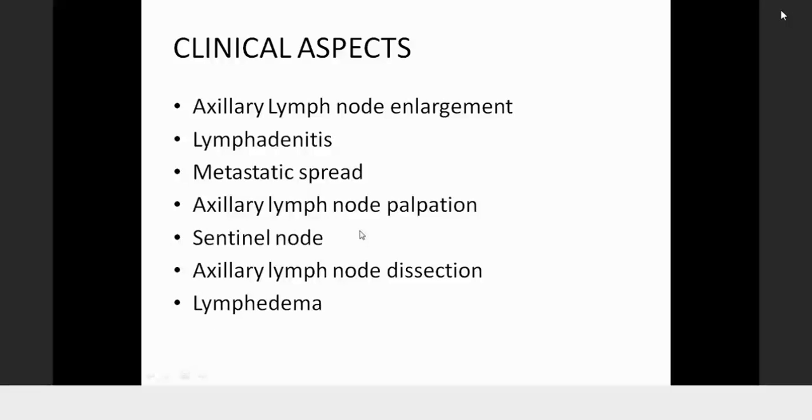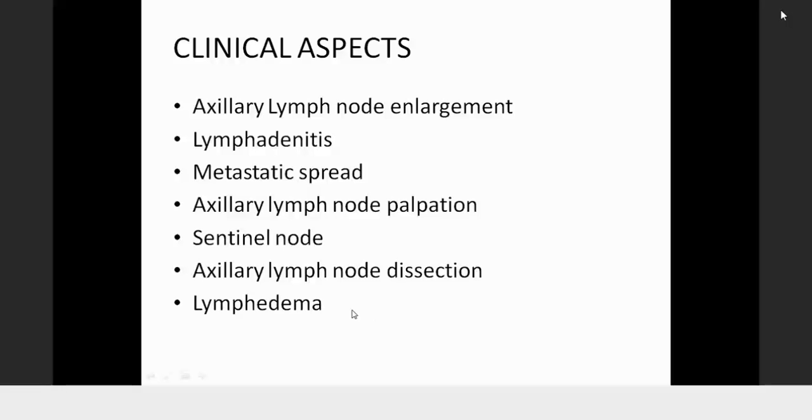Okay, sentinel node, even if you are not able to understand it properly at this level, it's okay. Sentinel node you will study afterwards in more detail in surgery. So sentinel node is the first node to get involved in metastasis. In breast carcinoma, the malignant cells go through the lymphatics. So the first lymph node to get involved, if one node gets involved, eventually through the lymphatics it may reach other nodes also.